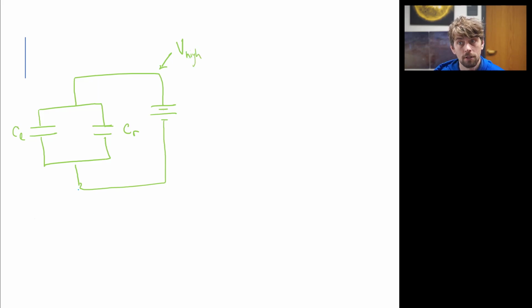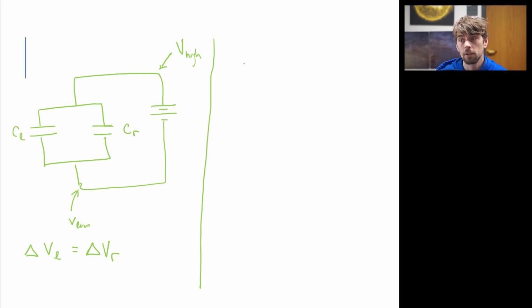Both capacitors have a connection to the low potential side. And so the change in electric potential across the left capacitor must be the same as the potential difference across the right capacitor. And we will use that idea.